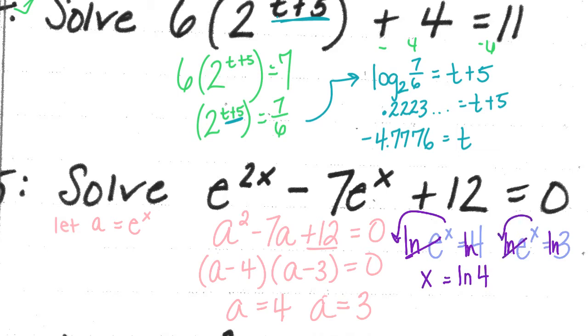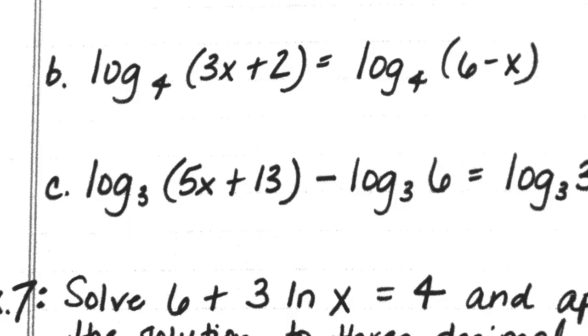And, again, 3 equals e to the x, so x is equal to the ln of 3. All right, so the ln of 4 is approximately 1.386, depending on how the question asks you. The ln of 3 is approximately 1.099.